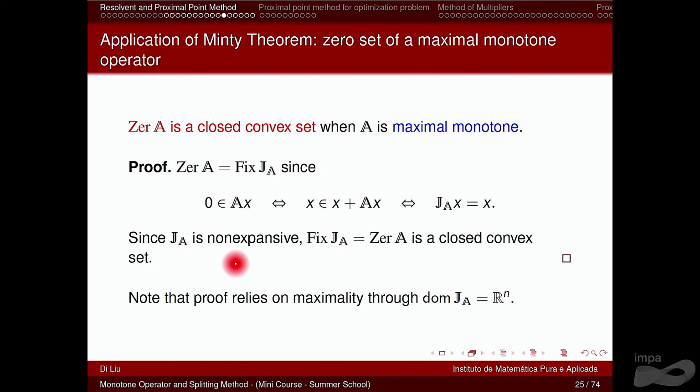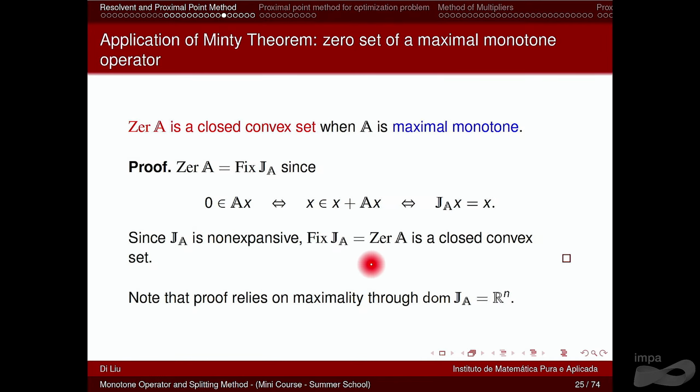Okay, the reason is this very trivial explanation. Since we already proved that if A is maximal monotone, J_A is non-expansive. Not only non-expansive, but with the domain equal to the whole space. So if we have a non-expansive operator with the whole domain, then the fixed point set of this operator J_A is closed and convex.